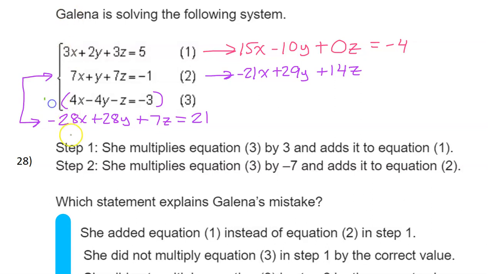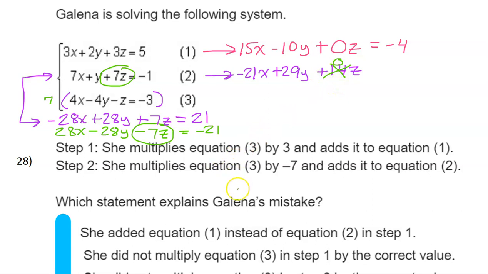All right, if she had multiplied by positive 7, then we'd have positive 28x minus 28y minus 7z is equal to negative 21. So if we combine now, if we do the negative 7z with the positive 7z, these will cancel each other out and give you the 0 that we want right here.